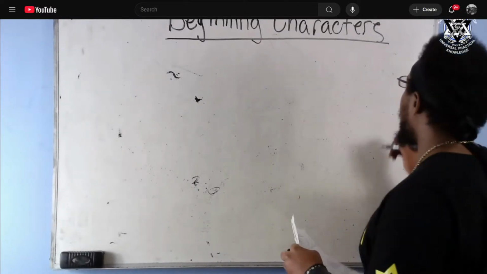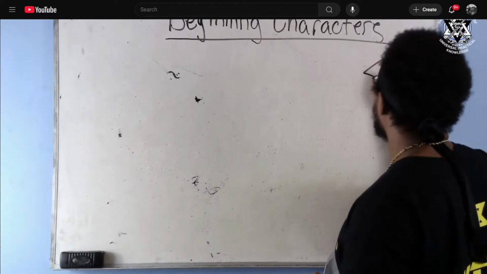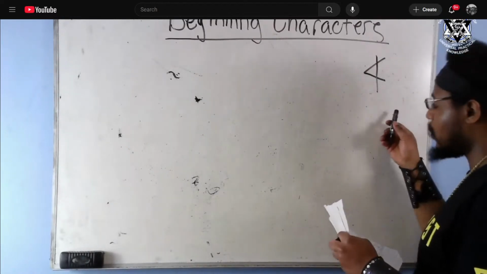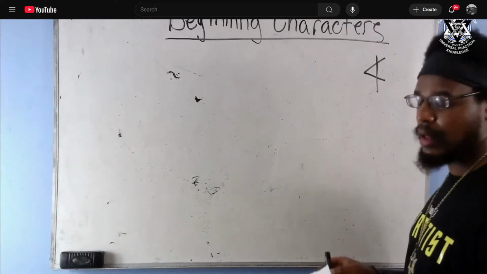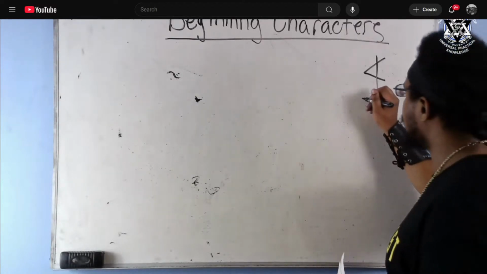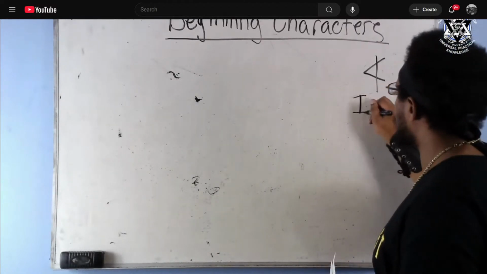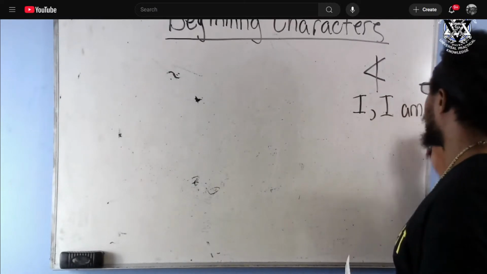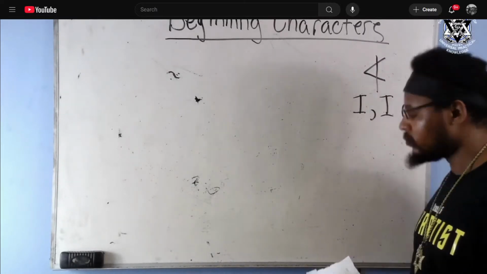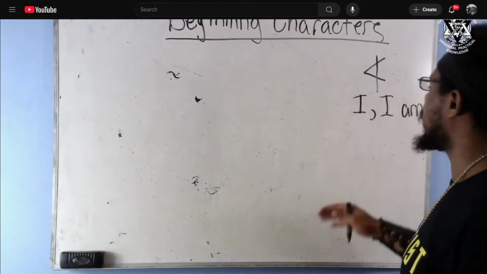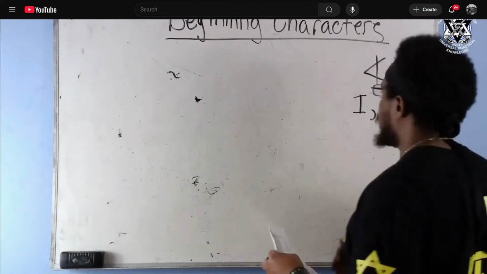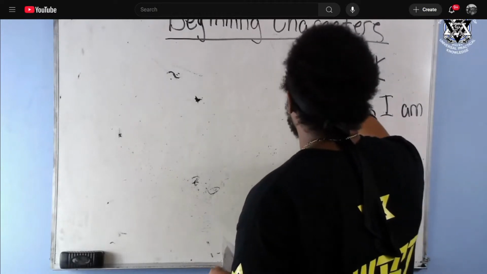So first we're going to start with A. When A falls at the beginning of a root word, it means I or I am. So you can put this at the beginning of a root word and it will mean I or I am. Then we got Ba.